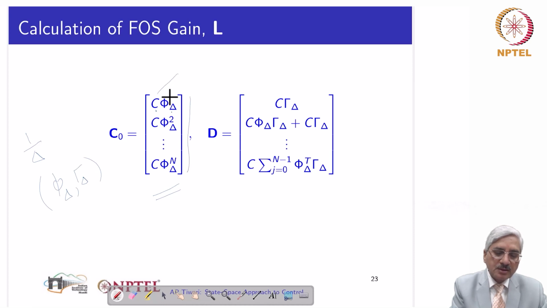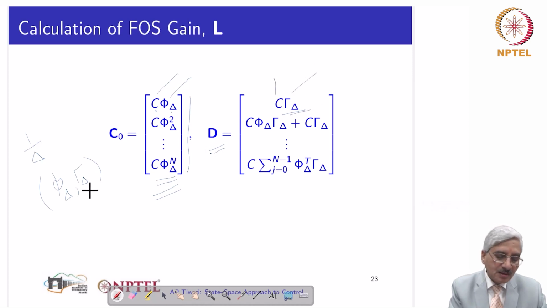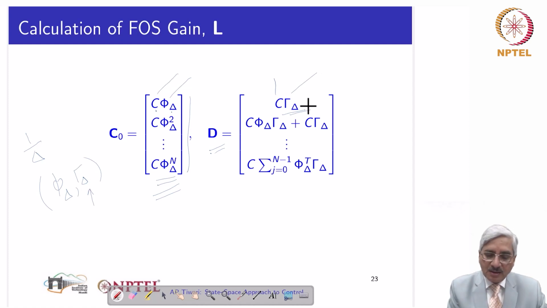C is the output matrix, phi delta is the system matrix. So C into phi delta, C into phi delta square, and so on, C into phi delta power N. And D is C gamma delta. Again, C is the output matrix and gamma delta is the input matrix for the system sampled at the rate 1 by delta. So C gamma delta. Then the next one is C phi delta gamma delta plus C gamma delta.